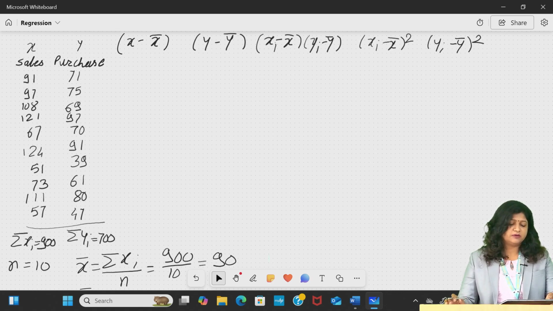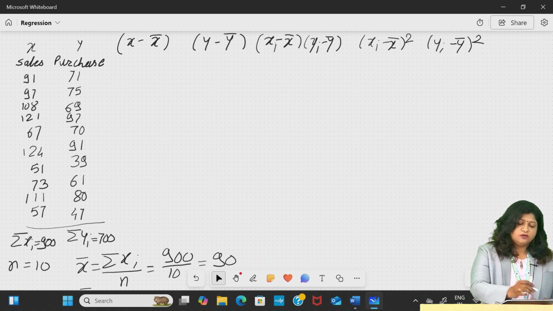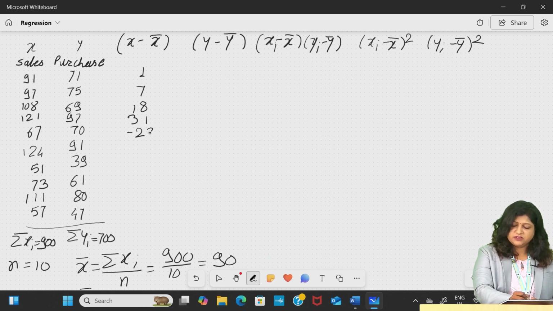Here we are going to subtract the value of x bar from each value of x. So the corresponding values of xi minus x bar are 1, 7, 18, 31, minus 23, minus 34, minus 39, minus 17, 21 and minus 33.